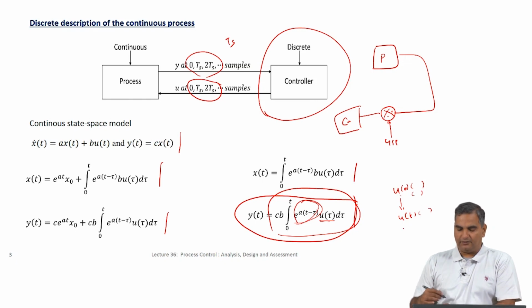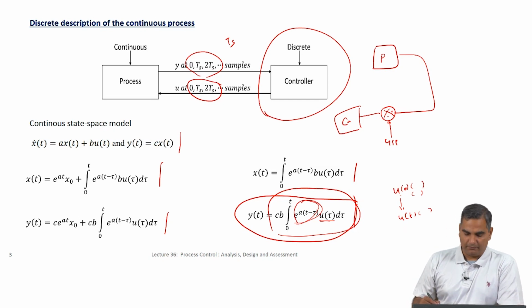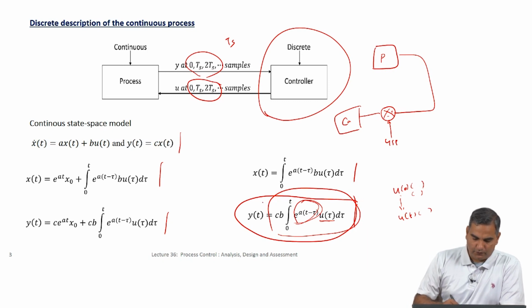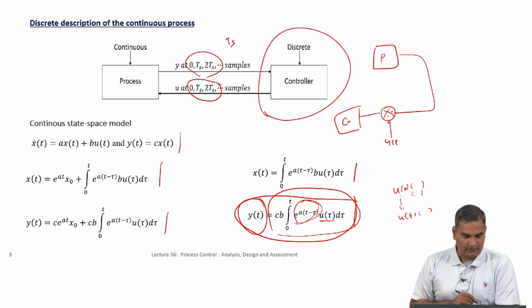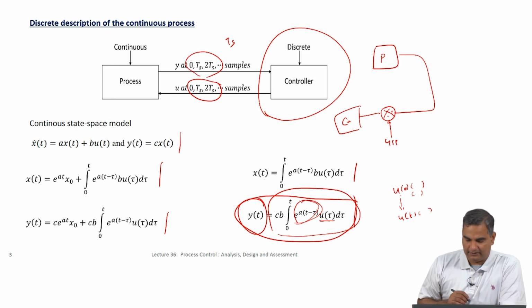So, if you think of this in a continuous fashion, every u is multiplied by some number, and then the integration, if you think of this as a summation, means all of these effects are added up to give you the value of y of t.